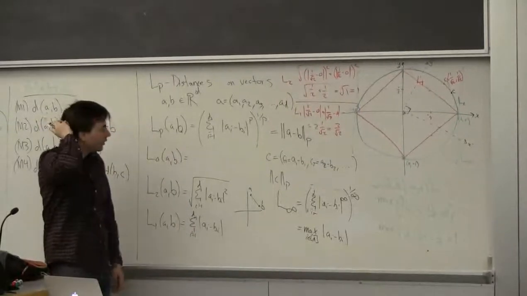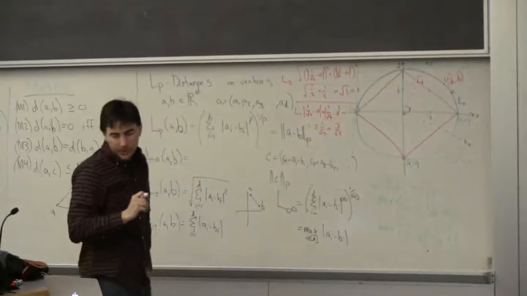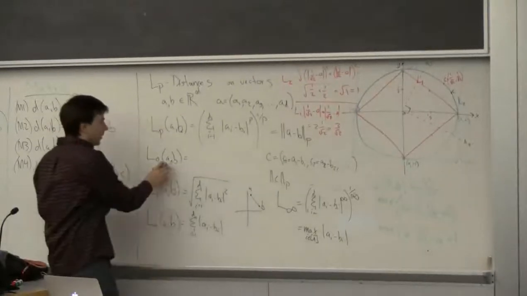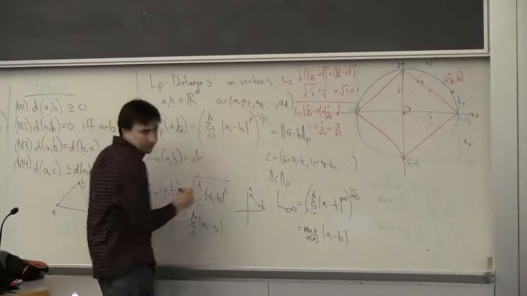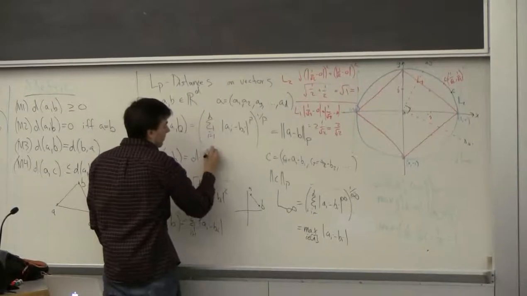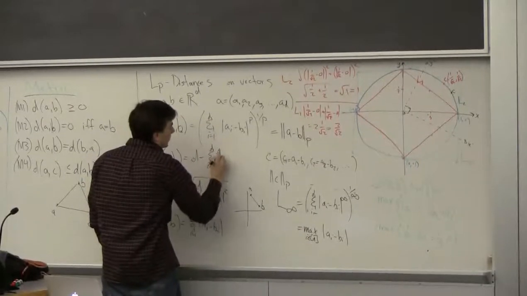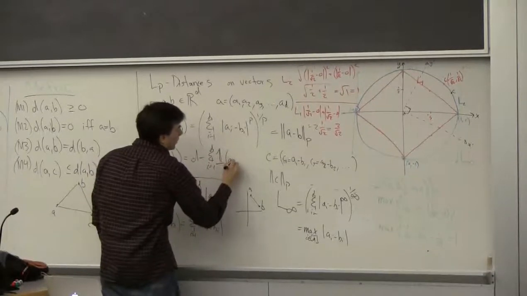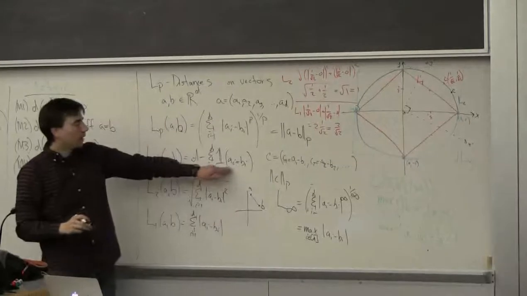So how you typically would define this, and this one's a little stranger, is d minus the indicator function.